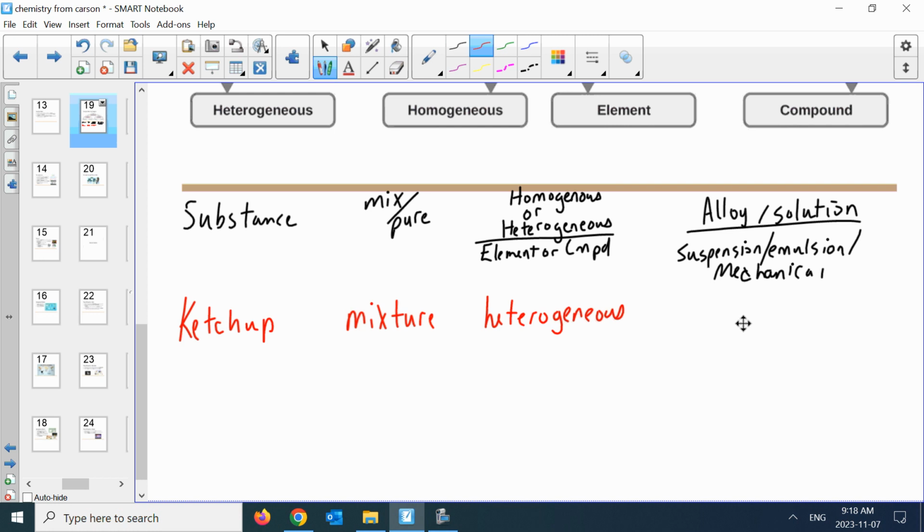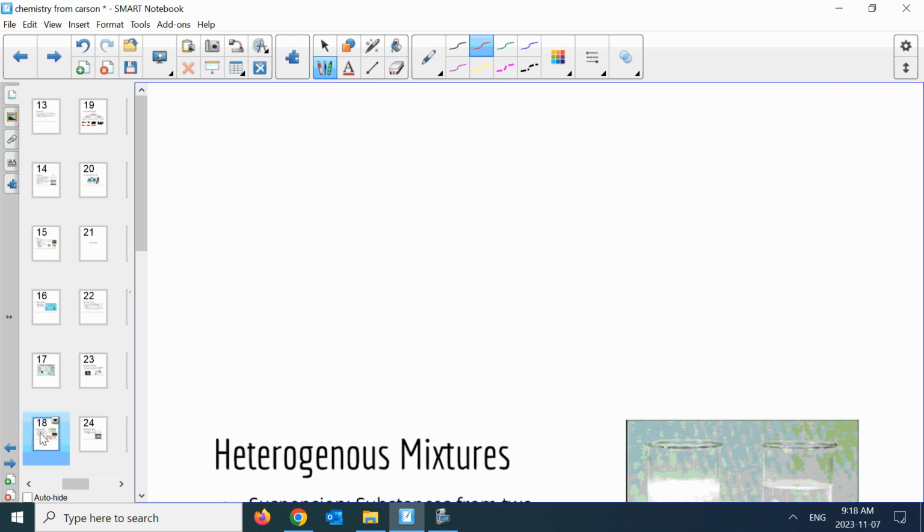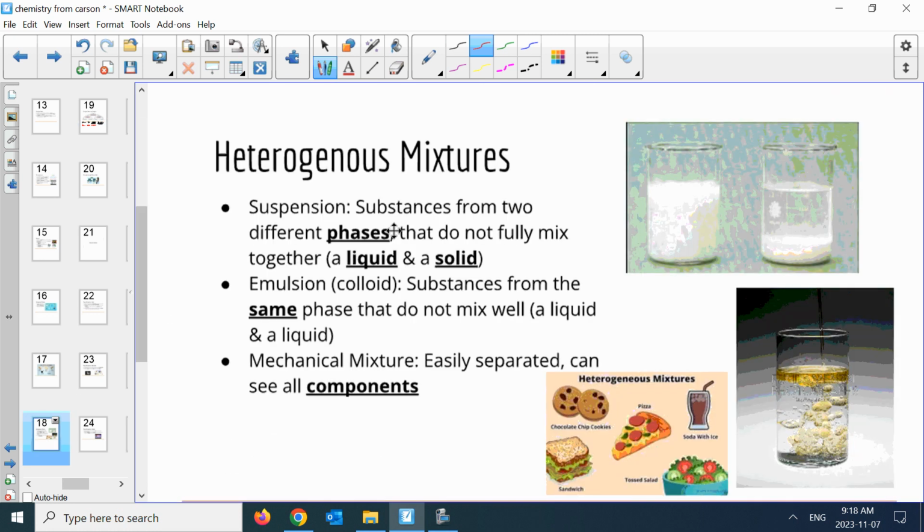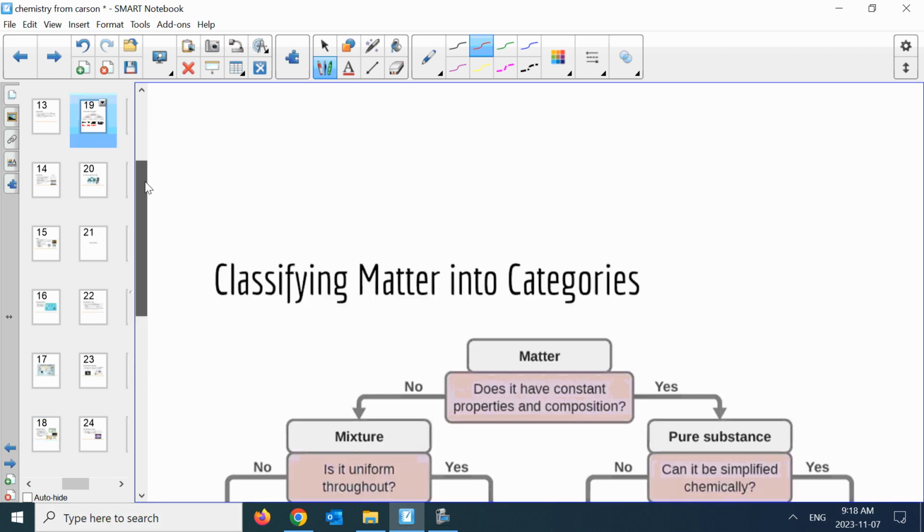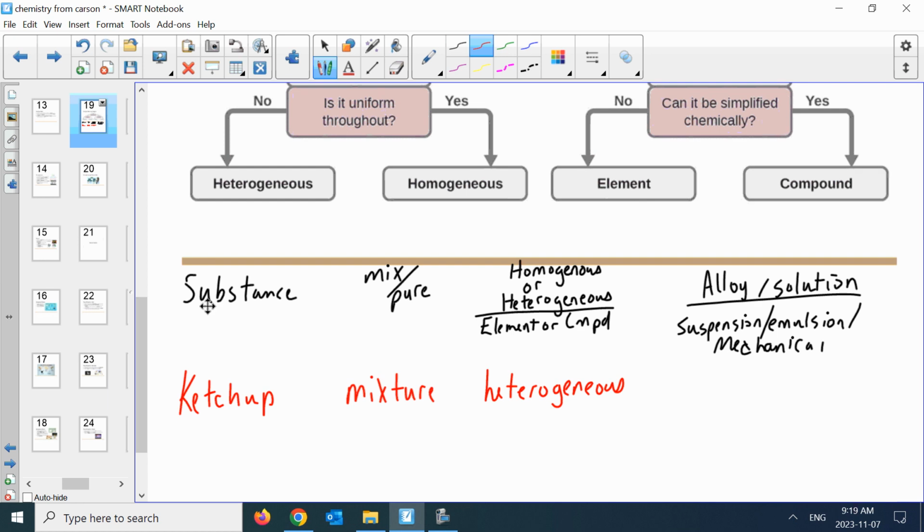We're just on the page, guys. Okay, we're going to flip back here. A suspension is when you have two different phases, solids and liquids sort of things. Oh, yeah, okay. That's what it is. We're going to go suspension. Okay?